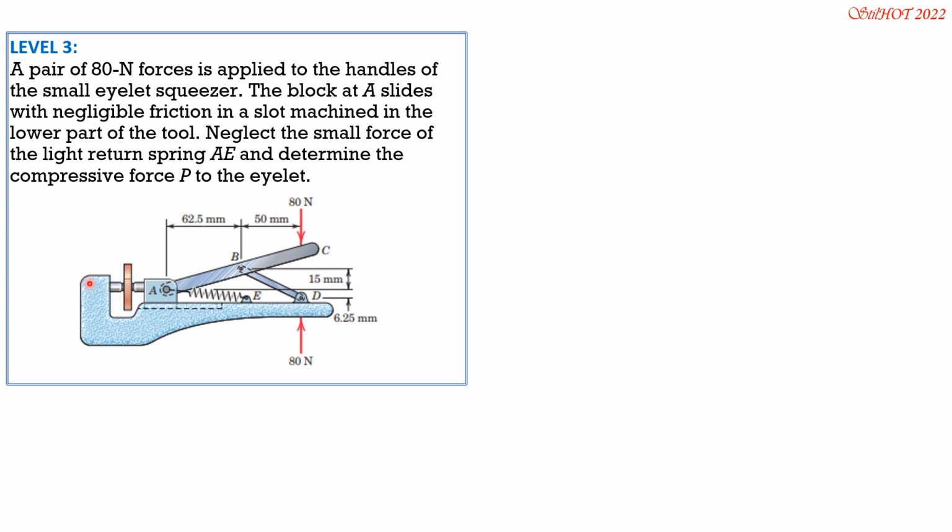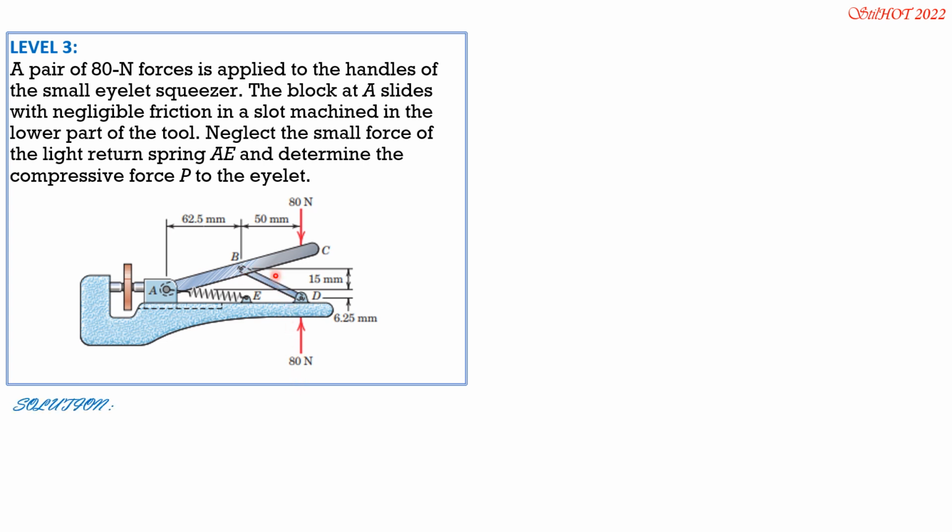So the reaction would be compression, and that compressive force is denoted by P. So the plan is we solve first for the compressive force in BD by drawing the FBD of this portion ABC. We sum up moments about A. Then after we solve for that, we draw the FBD of this entire part not touching A, and definitely summation of forces horizontal equals 0, and that compressive force is the horizontal component of the force in BD here.